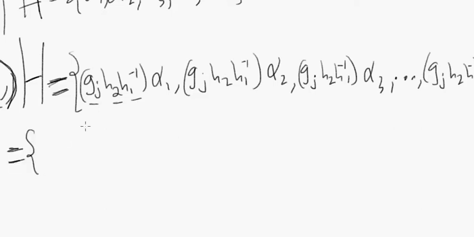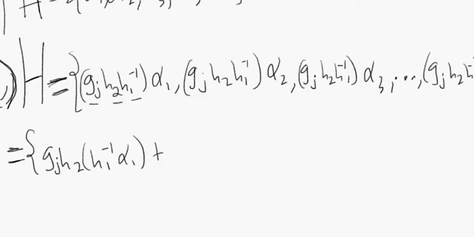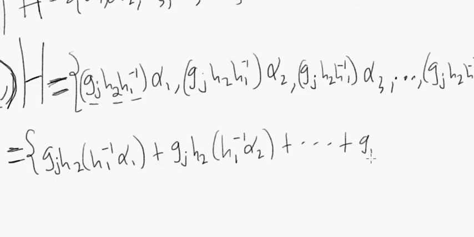Since multiplication is associative, we can rewrite our set as Gj times h2 times h1 inverse alpha 1, Gjh2h1 inverse alpha 2, and we continue that process all the way up till Gjh2h1 inverse alpha r, the last element of H.